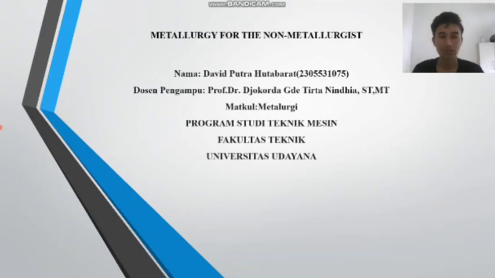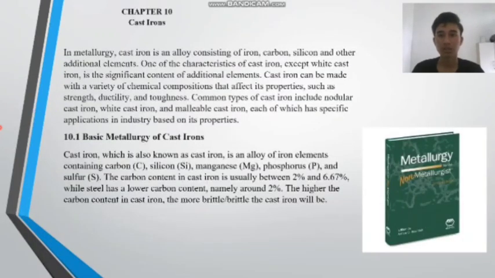Okay, next. Now, chapter 10, cast iron. In metallurgy, cast iron is an alloy consisting of iron, carbon, silicon, and other additional elements. One of the characteristics of cast iron is the significant content of additional elements.